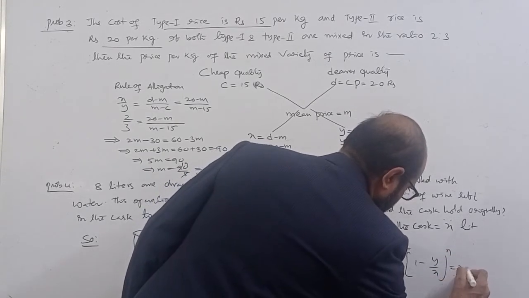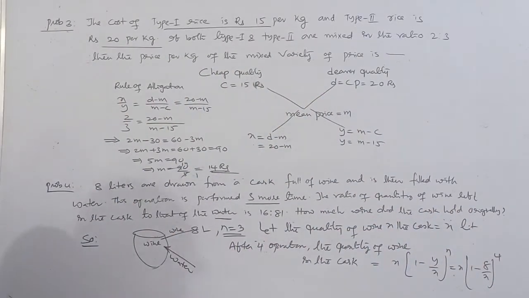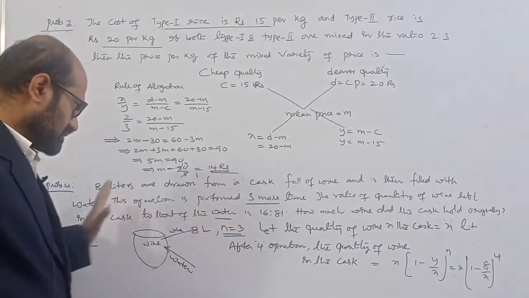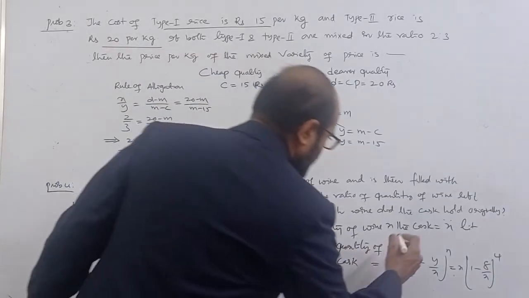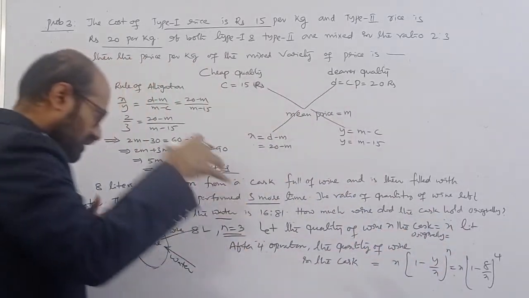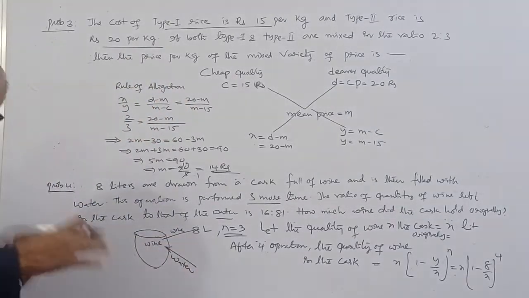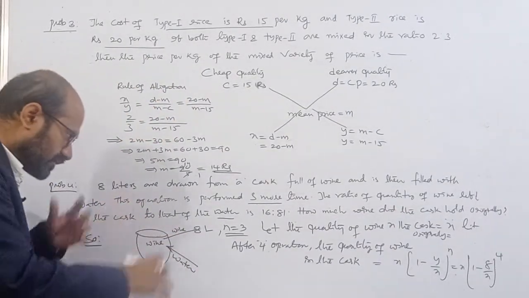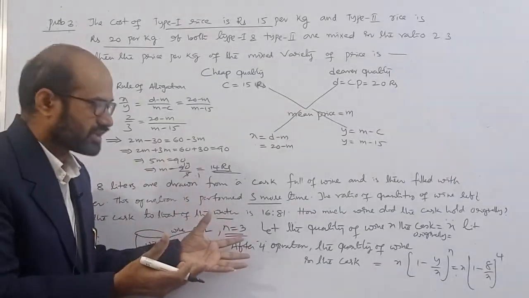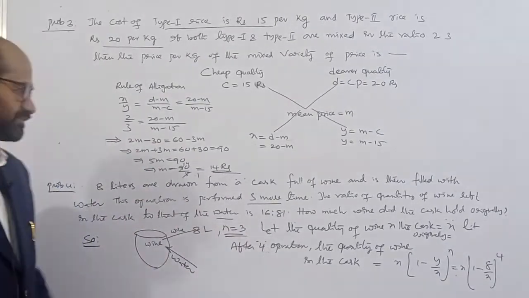That is x into 1 minus 8 by x whole power 4. So this is the quantity after 4 operations. Originally the quantity of the wine is x liters, that is the original quantity, and this is the quantity of wine after 4 operations.